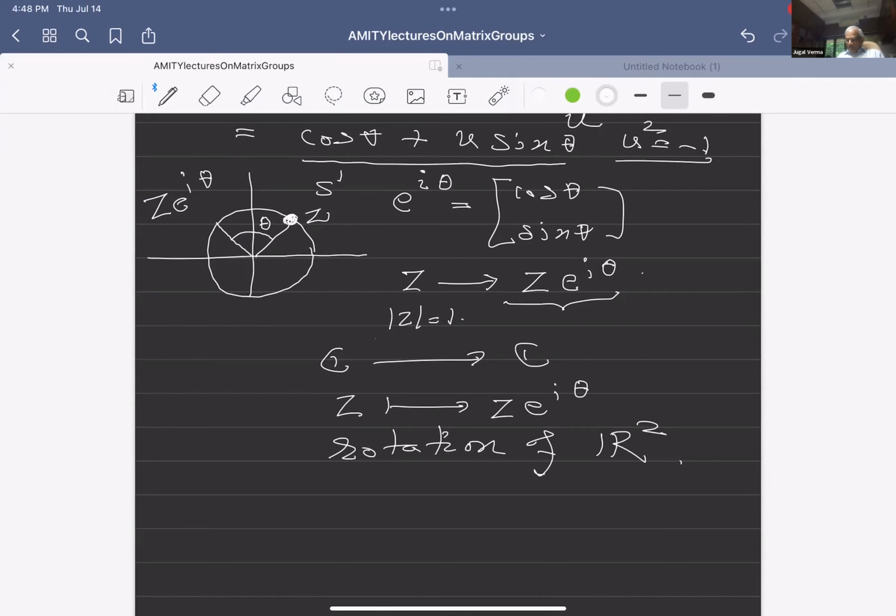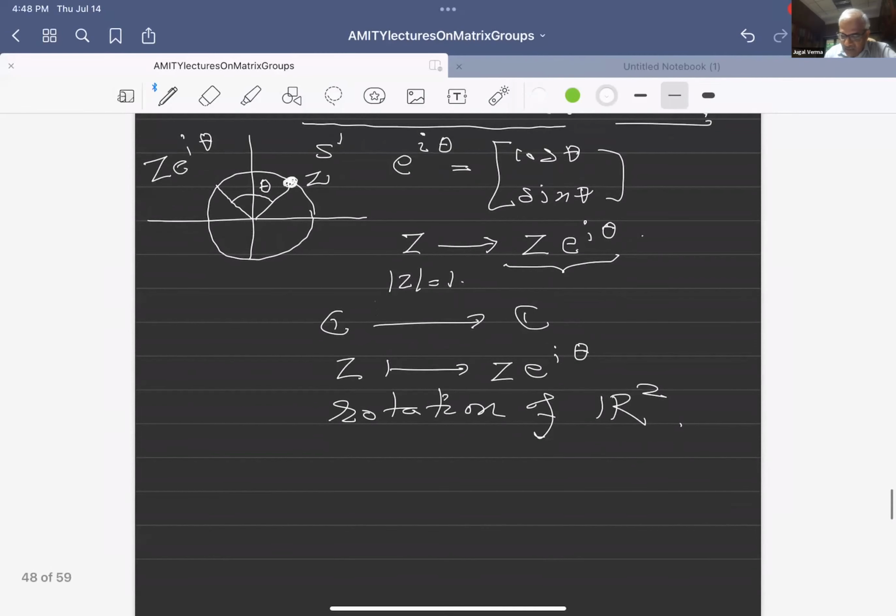So we want to see whether we can do a similar thing with quaternions. Can we produce rotations of space using quaternions? And the answer is yes. The answer is very interesting. We used a complex number of absolute value 1.